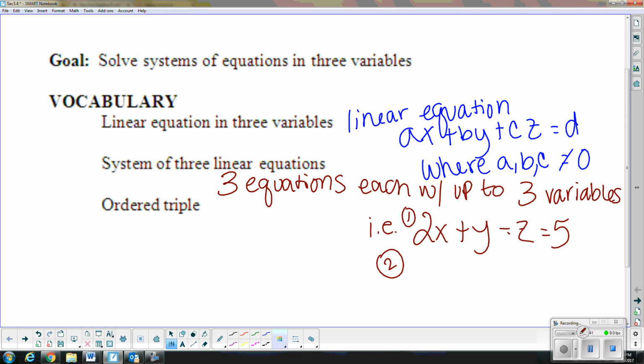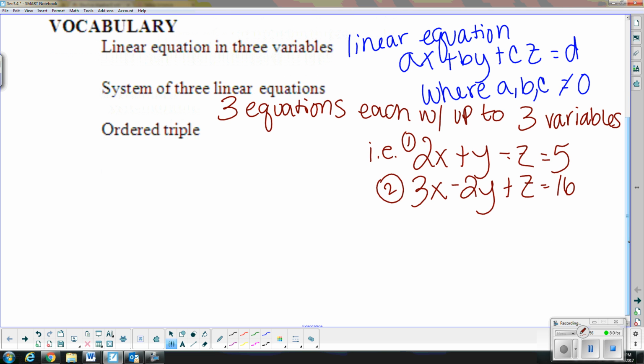You would have a second equation with the same 3 variables. So 3x minus 2y plus z equals 16. And then you would have a third equation with x, y, and z, like 4x plus 3y minus 5z equals 3.